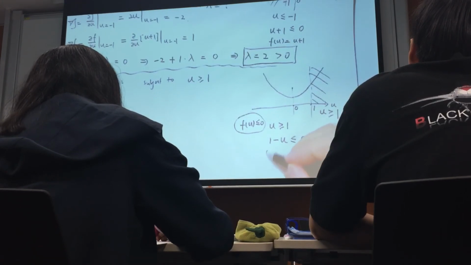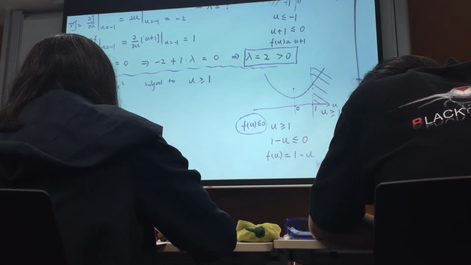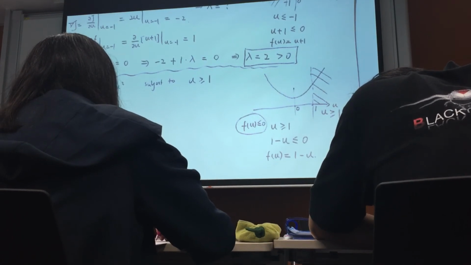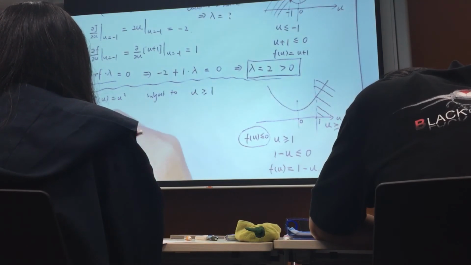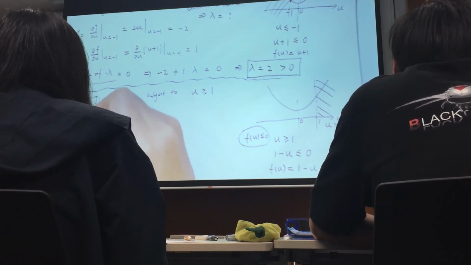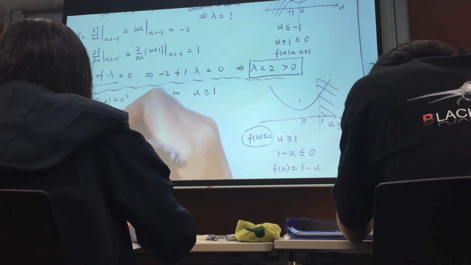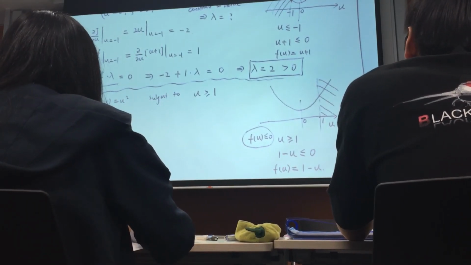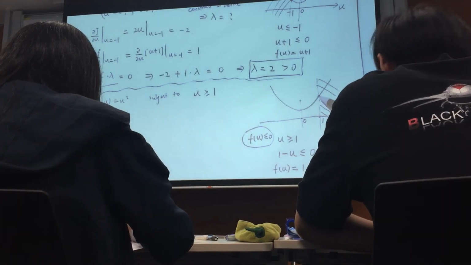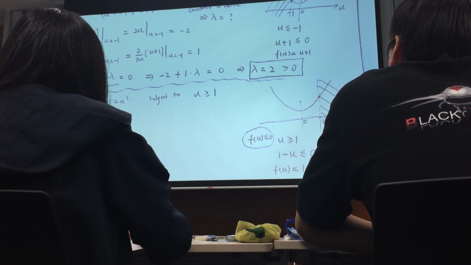So it's 1 minus u smaller than or equal to 0. We may define this f(u) equal to 1 minus u.